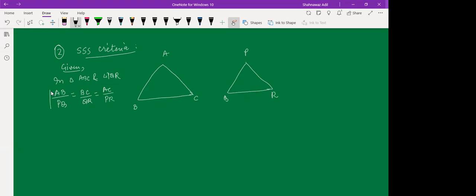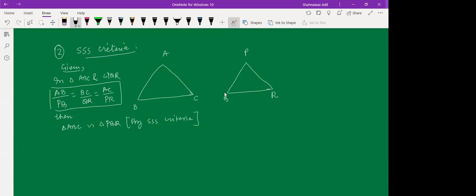So all the sides are proportional. Then triangle ABC would be similar to triangle PQR by SSS criteria.